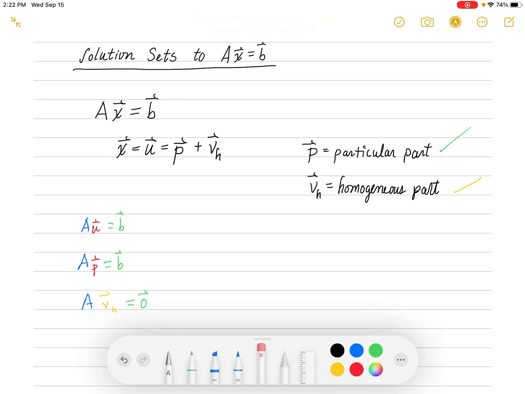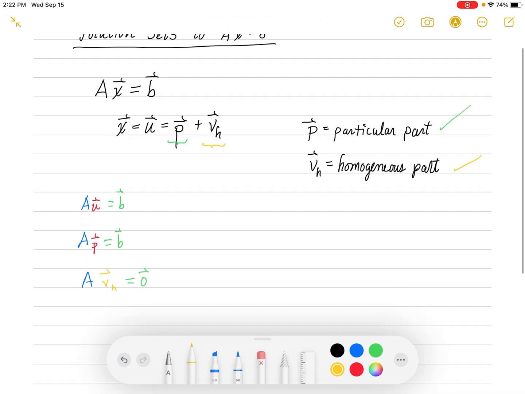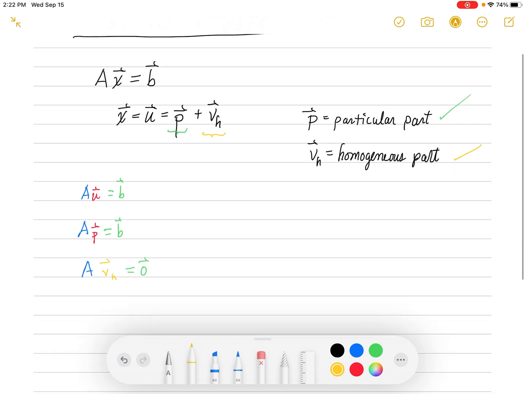So every solution to a matrix vector equation AX equals B is going to have a particular part and a homogeneous part. The particular part is the green part, and the homogeneous part is the yellow part.